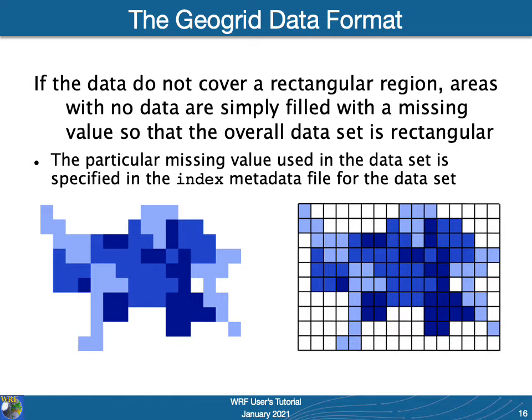The idea is that you first need to discretize this data set onto a regular grid, and then you can store that discretized data set into an array that minimally encloses the data set. And for all the pixels of this array that contain no data or missing data, you can fill those in with some missing value of your choice, but whatever value that is, you'll need to indicate it in the index metadata file for the data set.